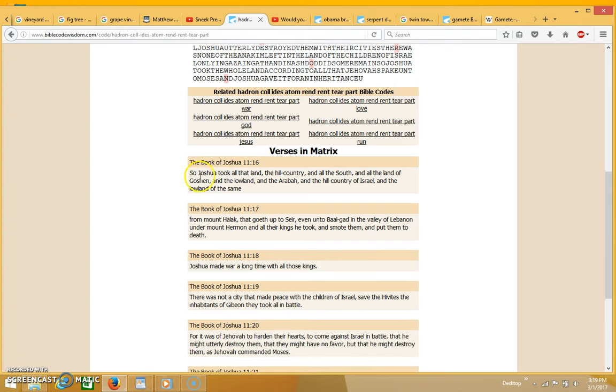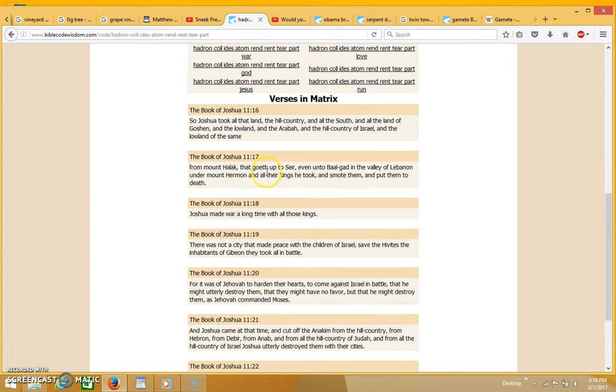It says, "So Joshua took all that land, the hill country, and all the south, and all the land of Goshen, and the lowland, and the Arabah, and the hill country of Israel, and the lowland of the same, from Mount Halak, that goeth up to Seir, even unto Baal Gad, in the valley of Lebanon, under Mount Hermon."